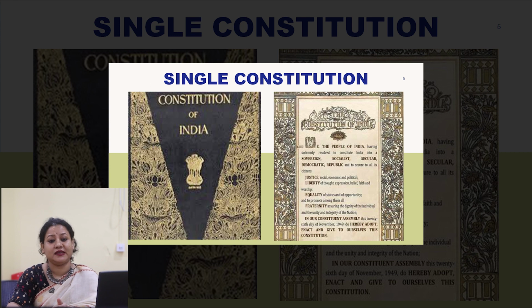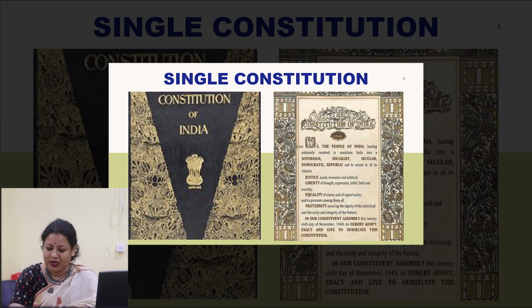Now, next point is single constitution. If you are aware, the perfect or ideal federations, for example US, Switzerland, Canada, have constitutions for both the central government and the state governments.